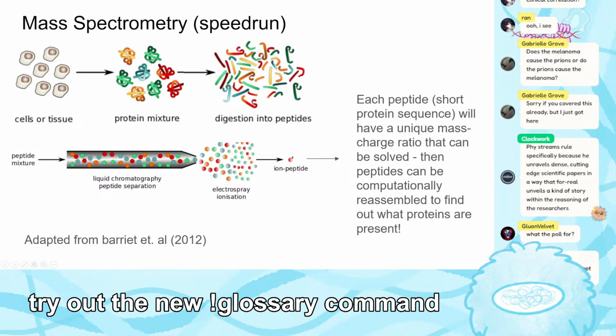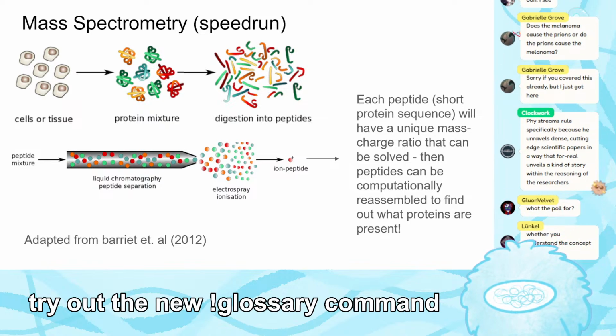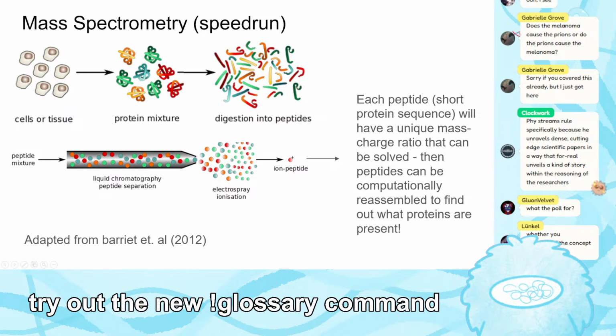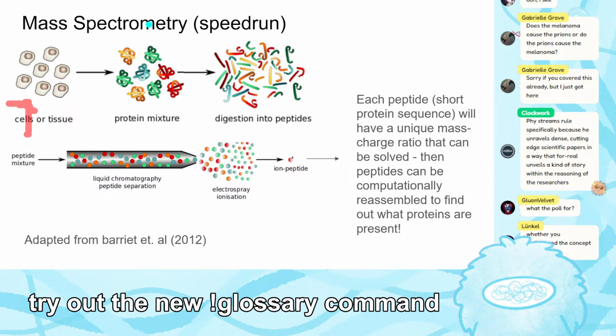Okay, so mass spectrometry. We are doing the CoIP, which allows you to identify all of the prion protein's binding partners, and then we are going to shoot it into this very complicated machine called a mass spectrometer. I am going to do a 101 version of this that is very, very simplified, but I think it's cool enough to try to explain here. A mass spectrometer that you use for protein identification works like this. You take your cells and tissue, and you blenderize them, and you isolate just the proteins.